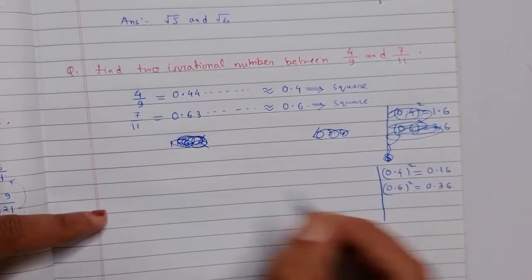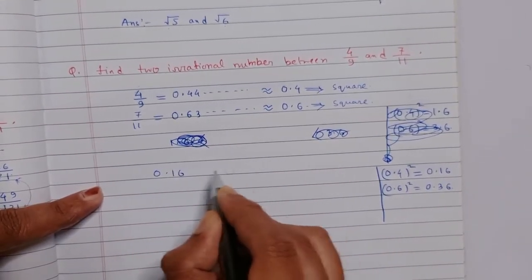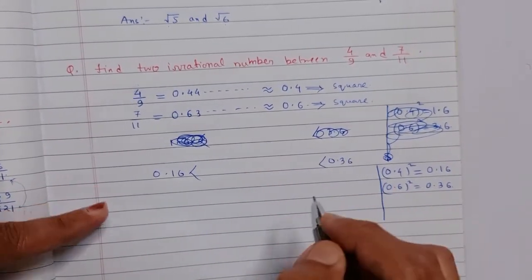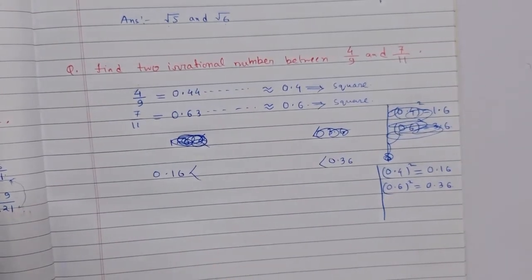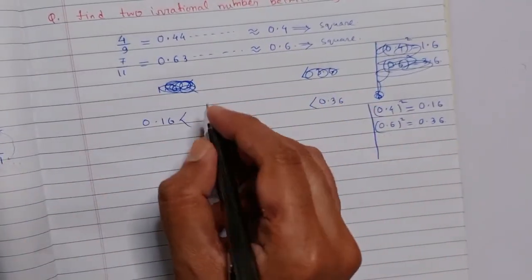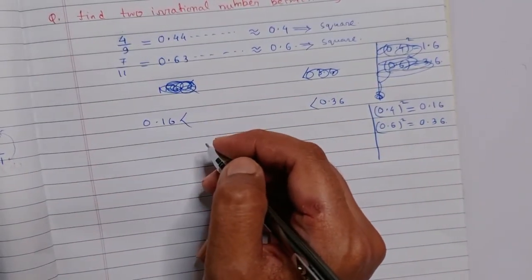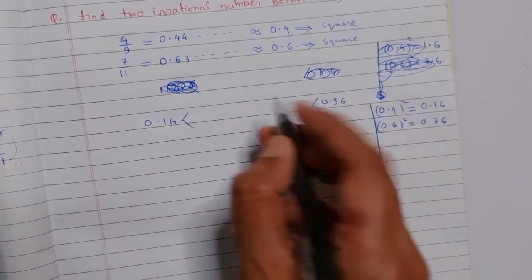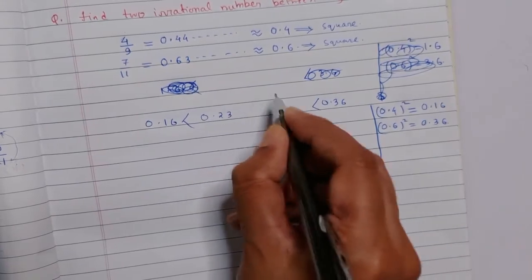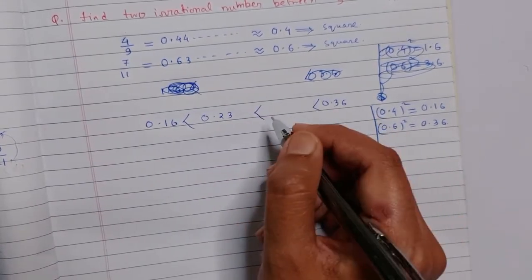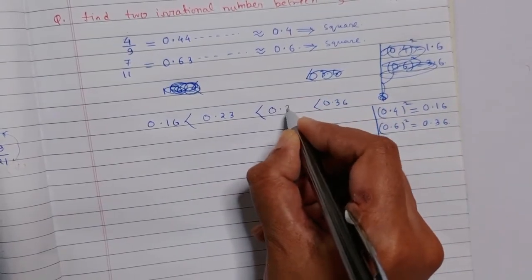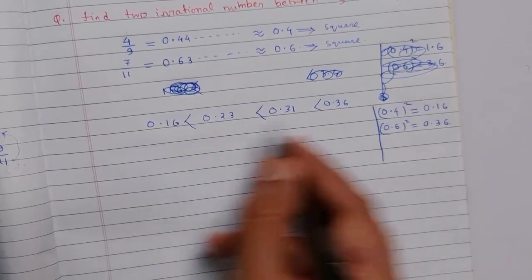Now write them like this and find two numbers lying in between them which are not perfect squares. So this time let's take 0.23, because 23 is not a perfect square number. Then you can take another number, choosing haphazardly, say 0.39. So these two numbers are lying between them, we know that.